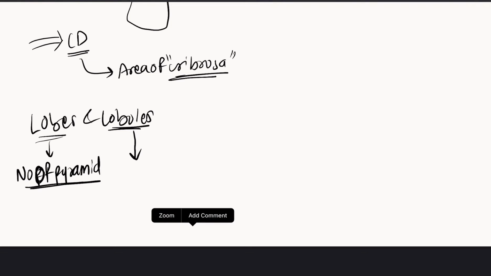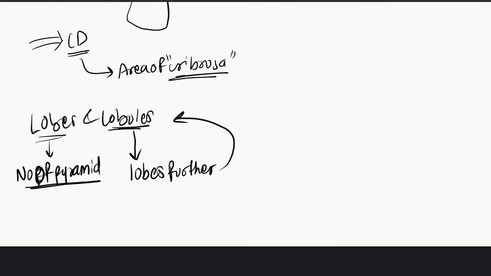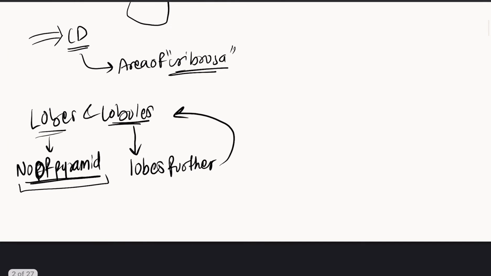The lobe has two things: the medullary pyramids and the associated cortical tissues at the base.